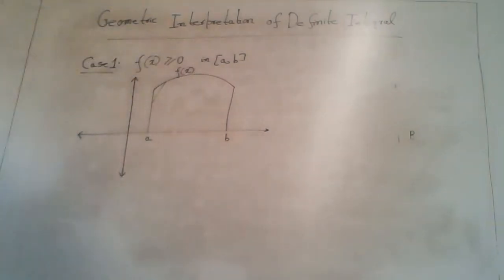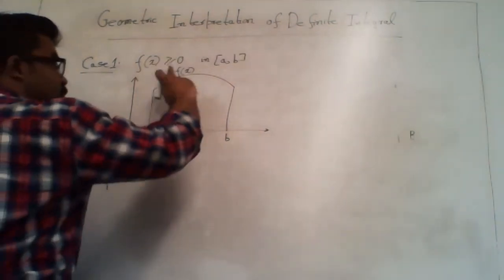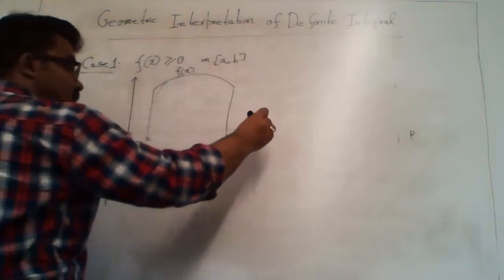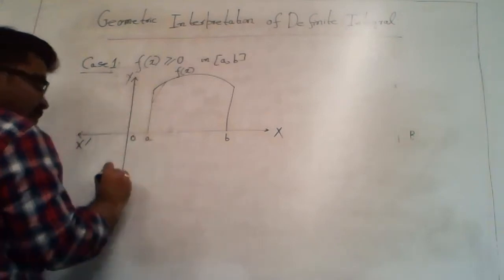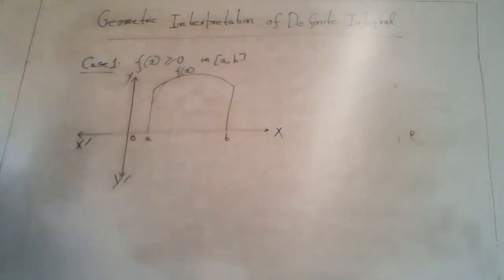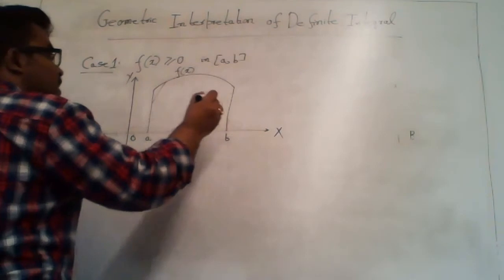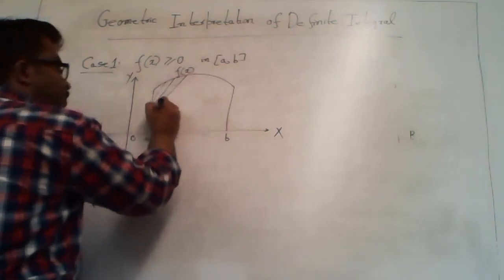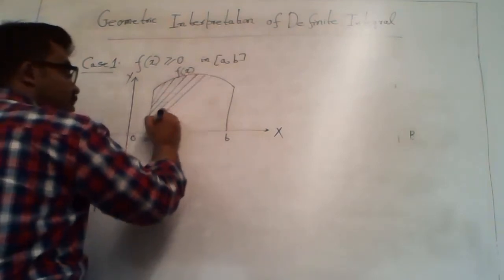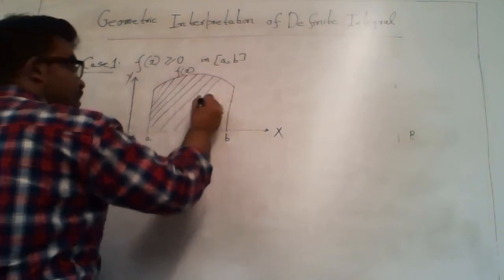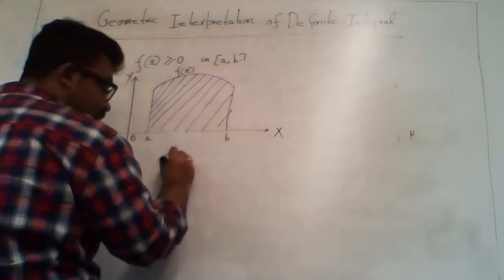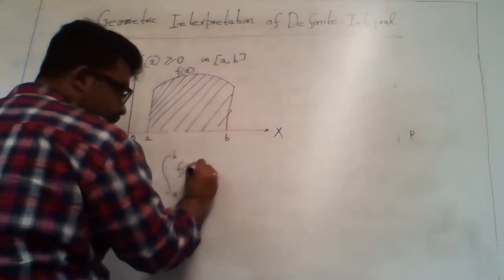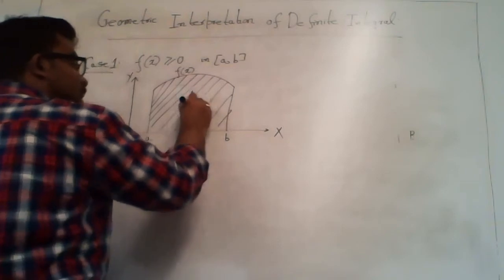If my function is always positive, that is in this interval it always lies above the x-axis. This is my x-axis, X'OX, Y'OY. If my curve always lies above the x-axis, then this integral from a to b f(x) dx represents this area A.